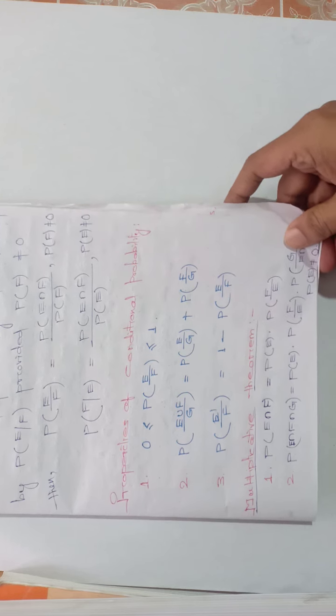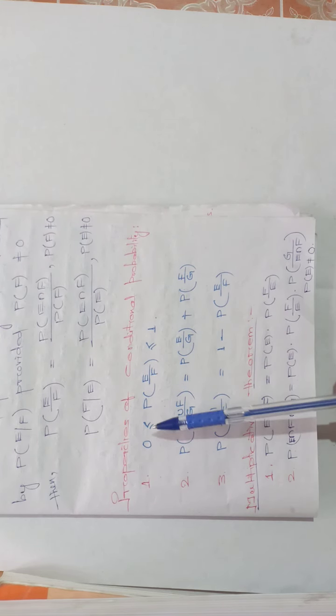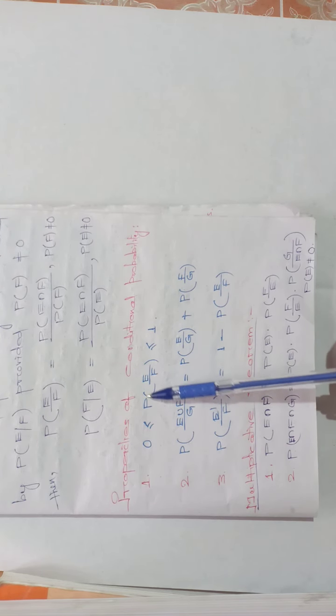Now there are some properties of conditional probability. Number one, conditional probability lies between 0 and 1. It is nothing but the probability of an event, and as we know, probability lies between 0 and 1. So the first property is this.